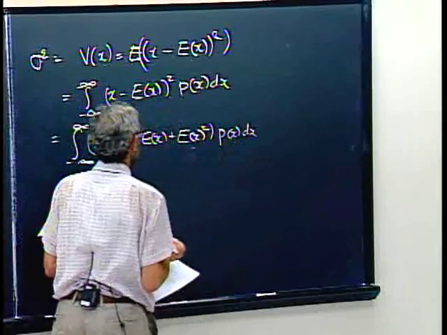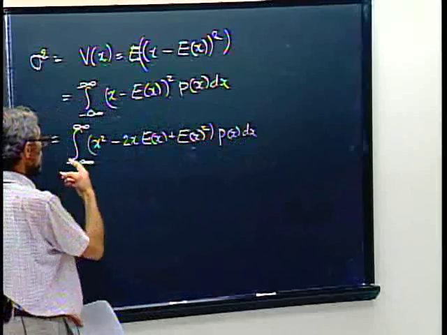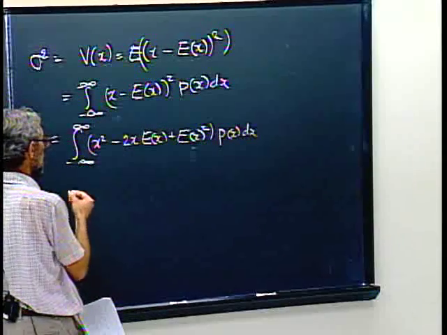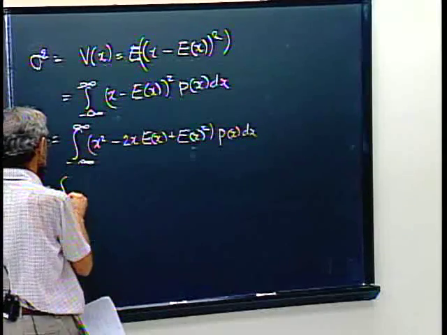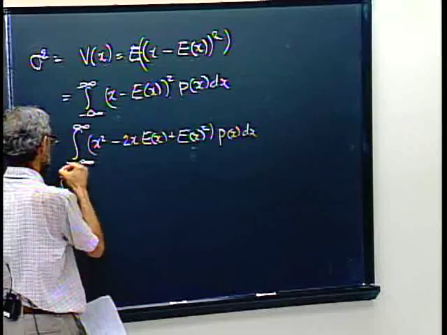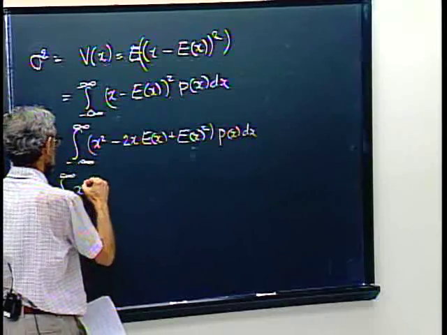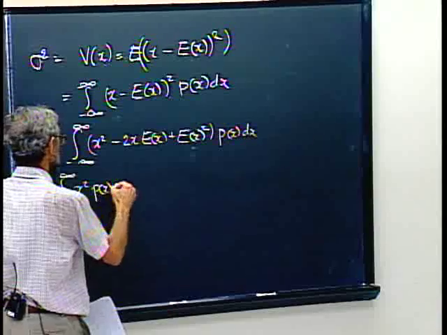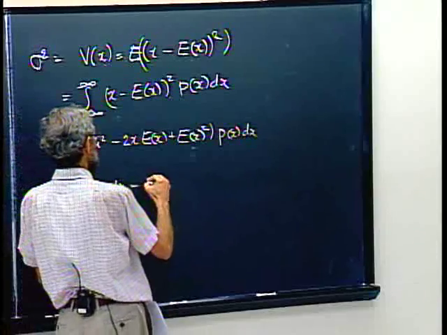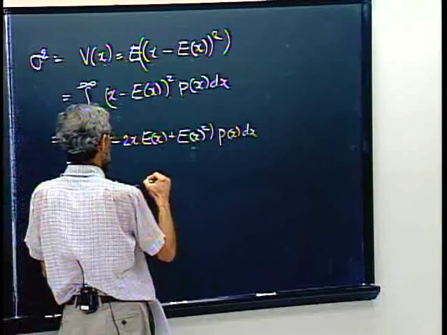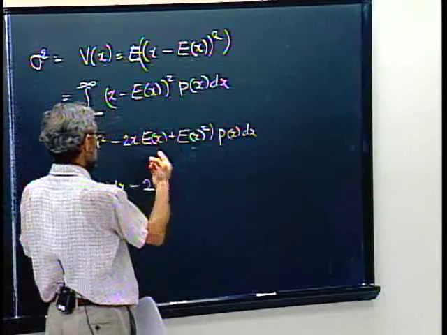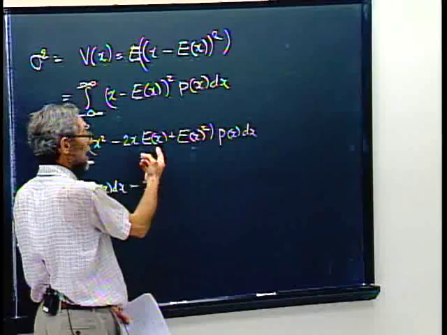Okay, so I've got three terms here. And so maybe I'll make three integrals. The integral from minus infinity to infinity of x squared p of x dx minus twice. And from this, I'm going to factor out the constant E of x.